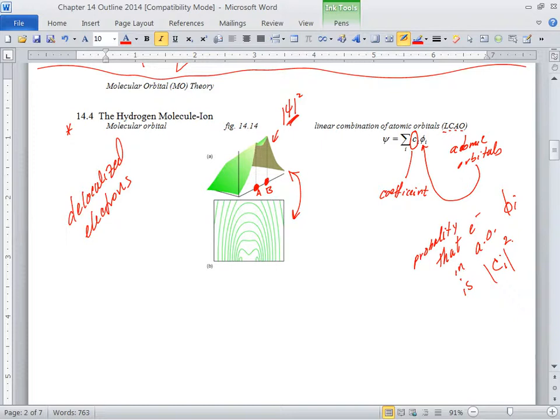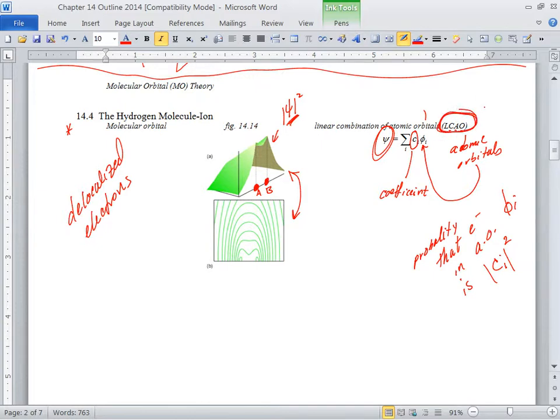So that coefficient, the bigger it is, the larger its presence is in the final wave function.